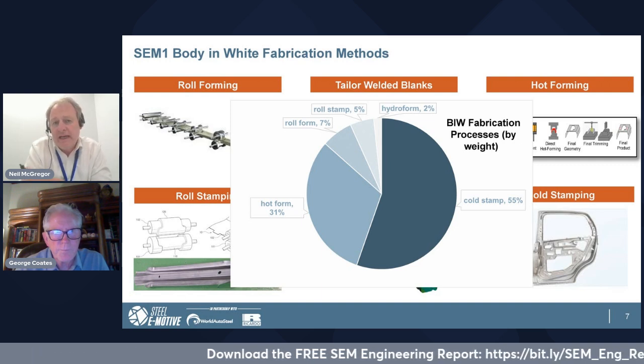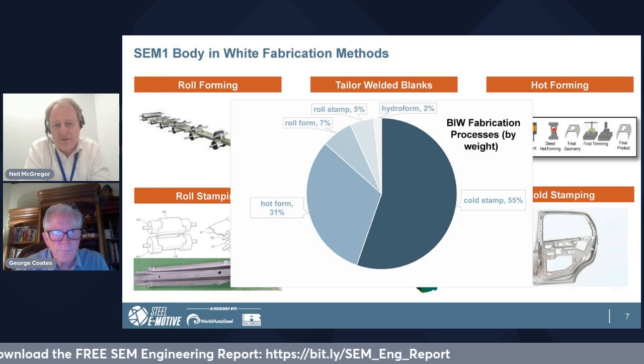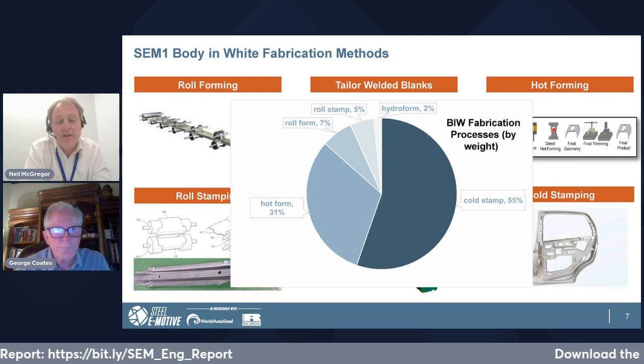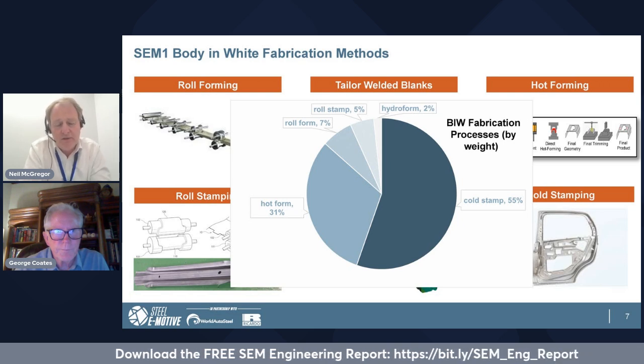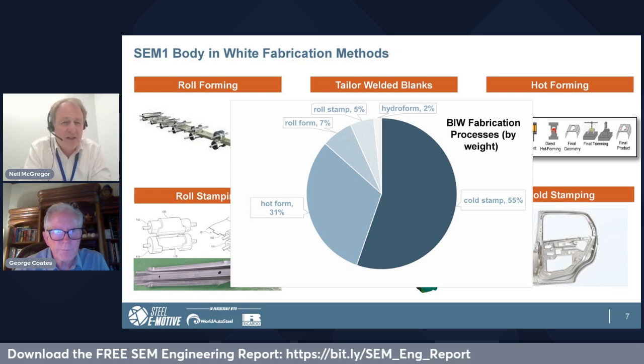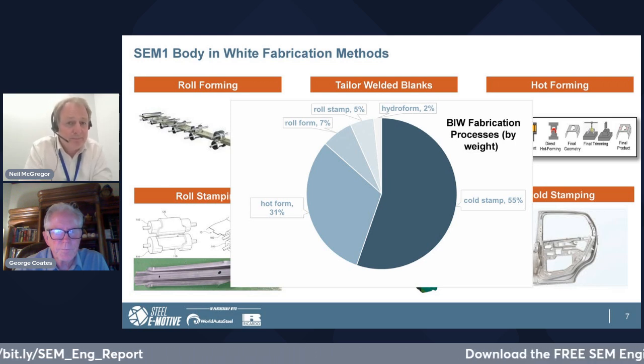That really allowed us to fine tune the structure, giving us good stiffness, strength, cost optimization, and sustainability optimization as well. So really, using all of the grades, the gauges, and all of the fabrication methods available to us to achieve this highly optimized body in white structure.